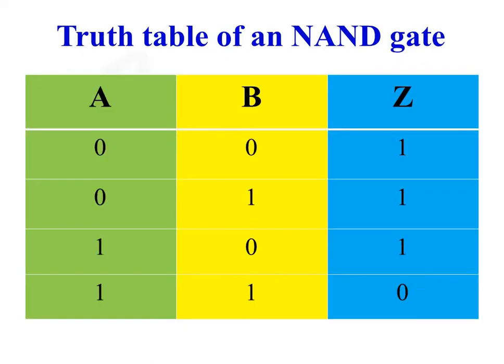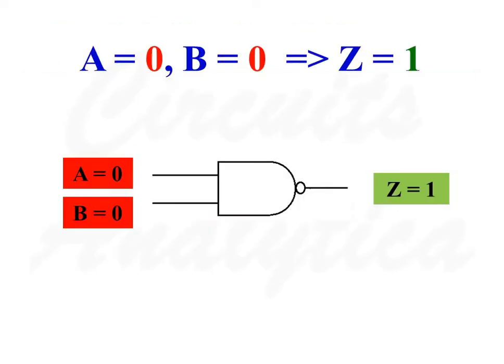This is the truth table of a two-input NAND gate. When both inputs are 1, output is equal to 0. If any one of the two inputs is equal to 0, then output is equal to 1. So if A is equal to B is equal to 0, Z is equal to 1. If A is equal to 0, B is equal to 1, Z is equal to 1.